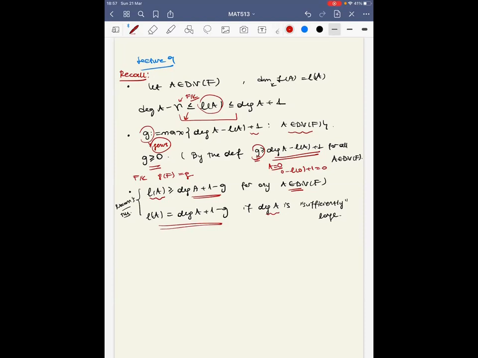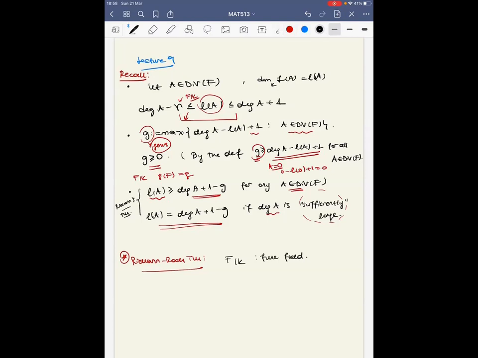So again, regarding the same question, in this lecture, we will explain what sufficiently large means, or in general, can we compute the dimension of a divisor. And the most important theorem in algebraic function fields will be an answer for this. We suppose that we are given a function field.